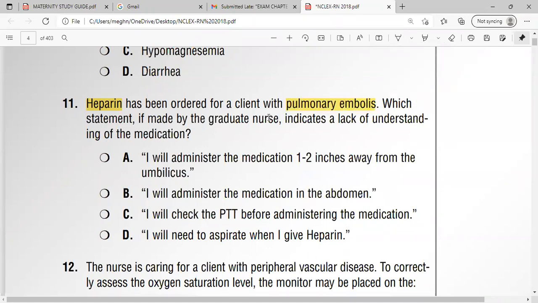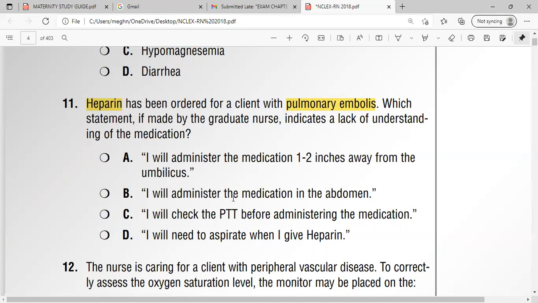So if the new graduate is doing something wrong, we need to correct them, right?